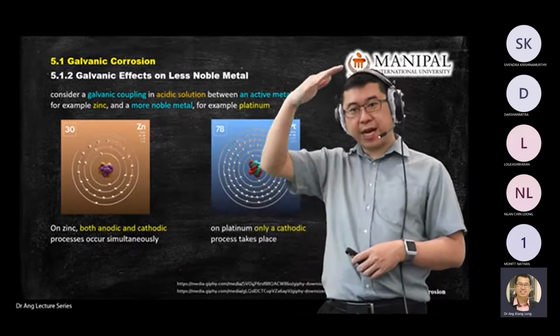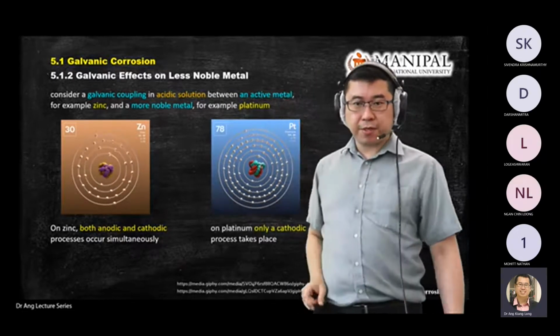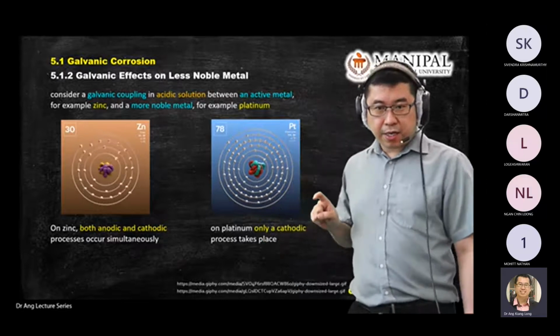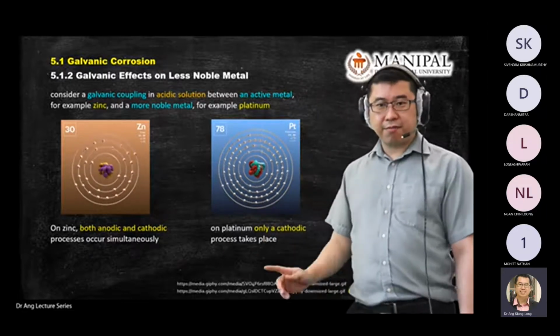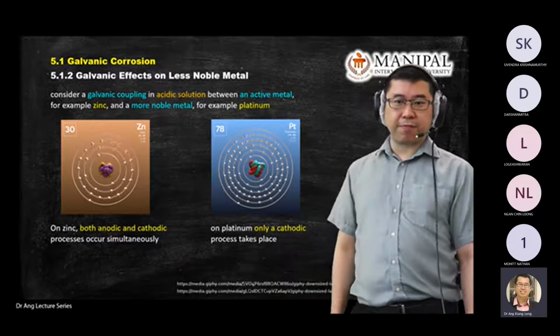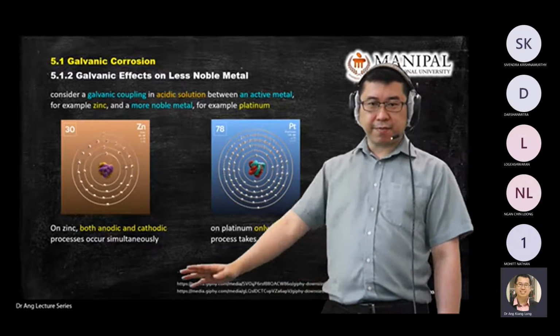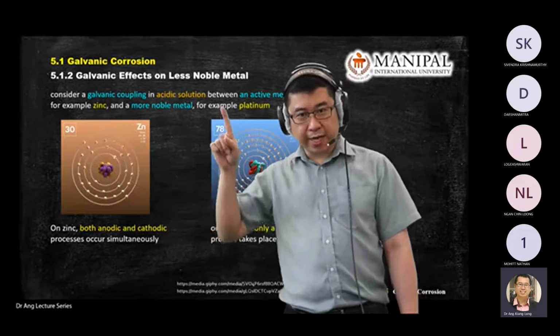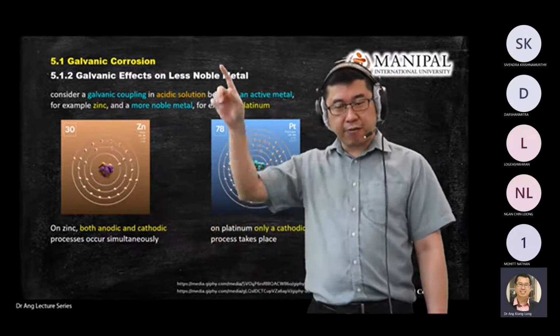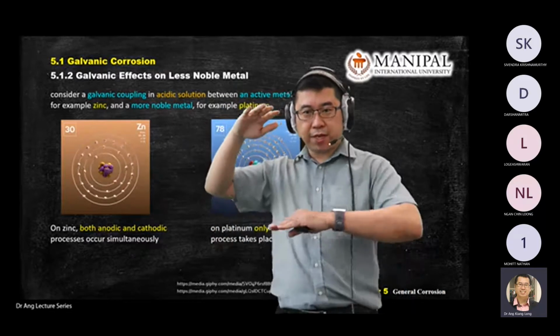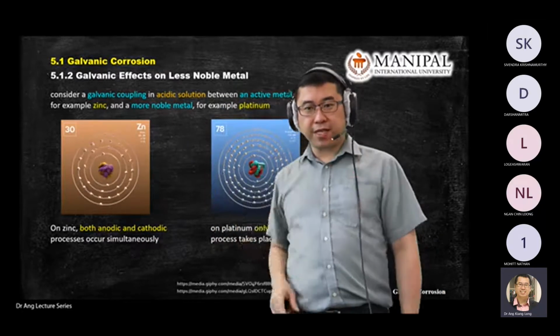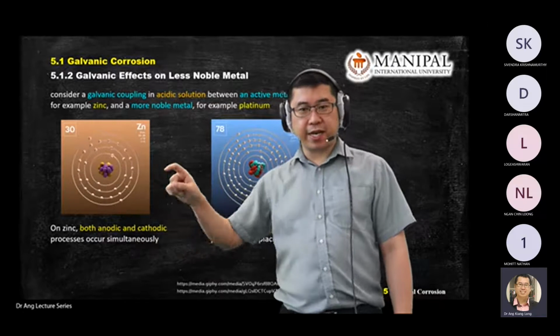While for the higher nobility metal, platinum, he only takes part in the cathodic process. So in the first example, we look at less noble metals. In this galvanic effect, we assume the low level metal will do two processes simultaneously, anodic and cathodic.